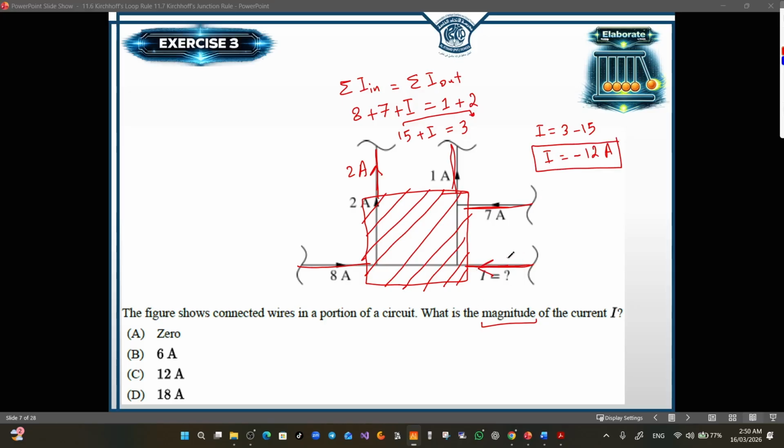The current should be in the opposite way. Never mind, because we are looking for the magnitude, and the minus sign just tells us that the direction is opposite. The numerical value is the same, whether we choose it correctly or the wrong way. The numerical value is 12 amps, and this is the magnitude of the current, which means the correct answer is C.